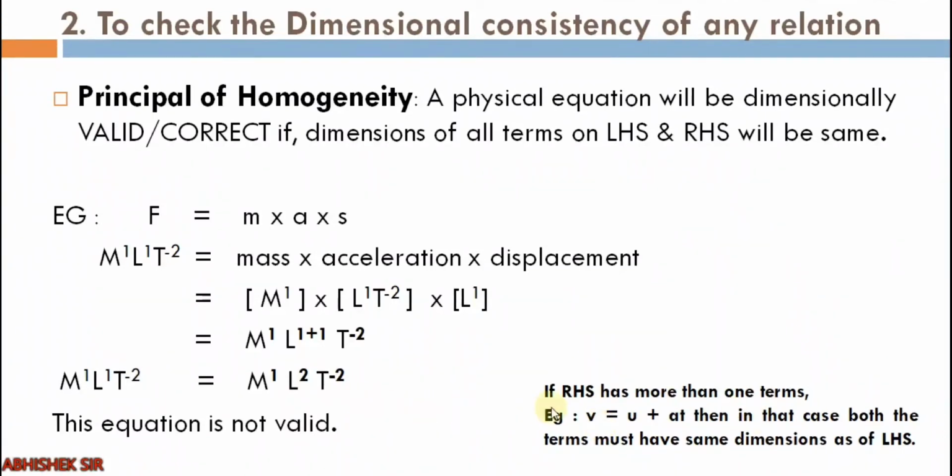That means you have to compare first v and u, whether they both have the same dimensional formula, and then you have to check v and at. So both must have the same dimensional formula. So both the terms must have the dimensional formula same as the LHS. Then only it is dimensionally correct. Okay. But this is only when RHS has more than one term.